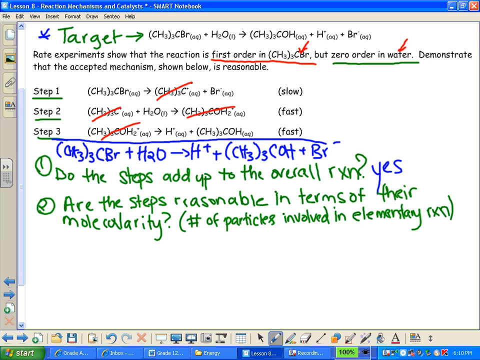So are the steps reasonable in terms of the number of particles involved in the elementary reaction?